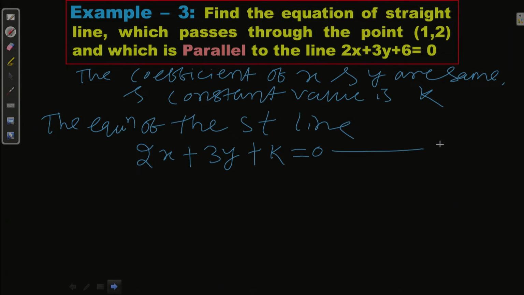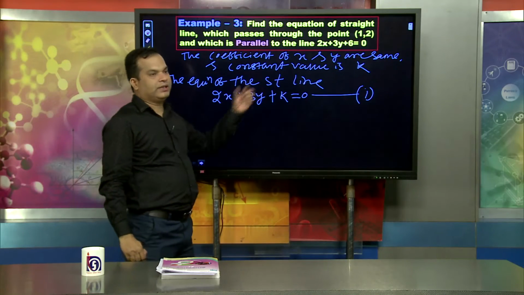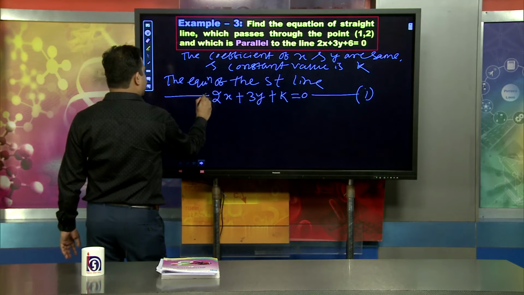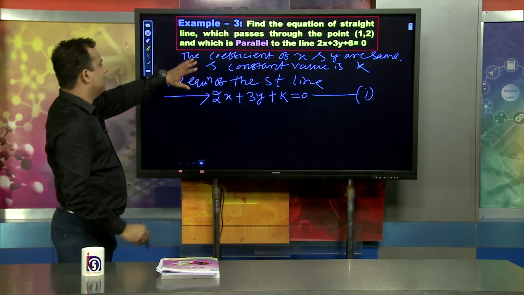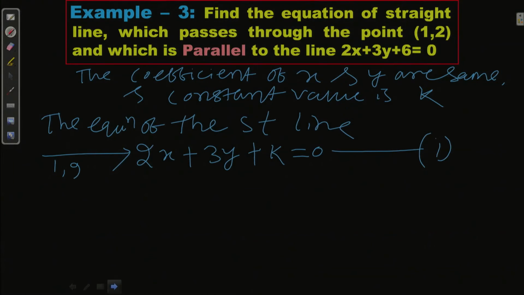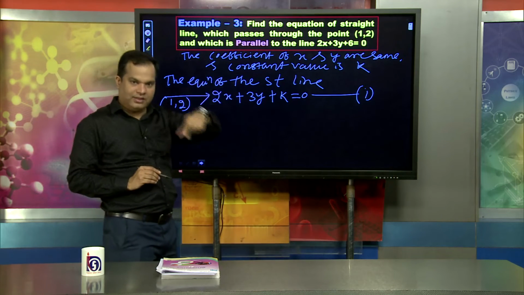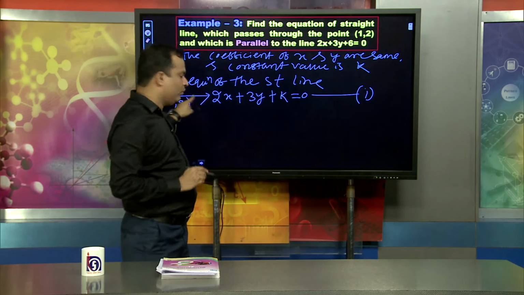Suppose this is equation 1: 2x plus 3y plus k equal to 0. As this straight line is passing through the point 1, 2, the equation satisfies this point 1, 2.